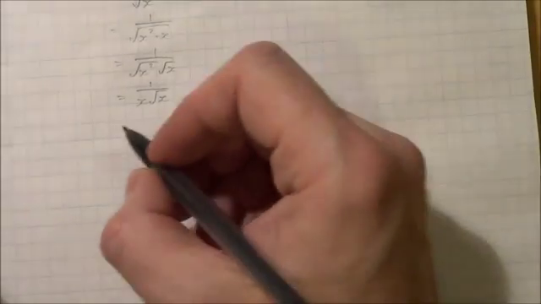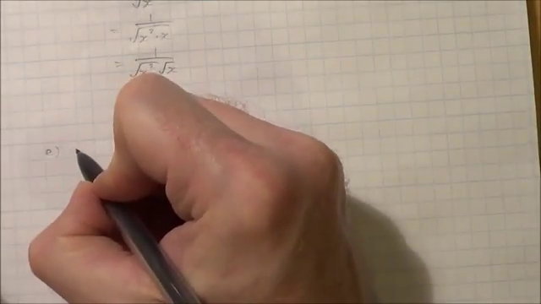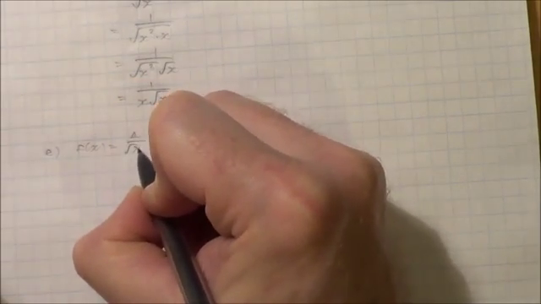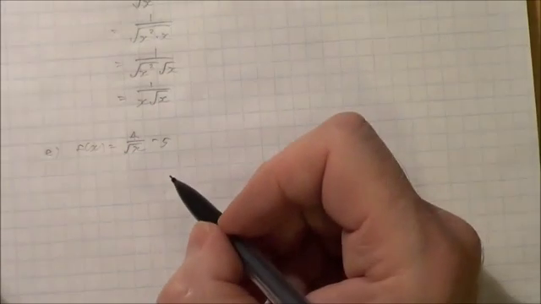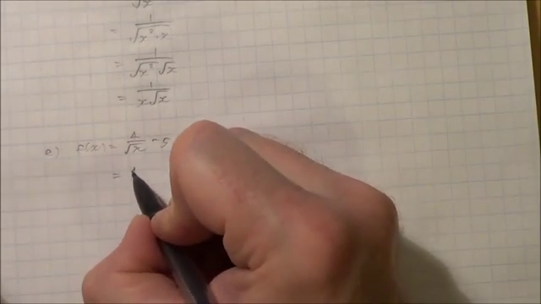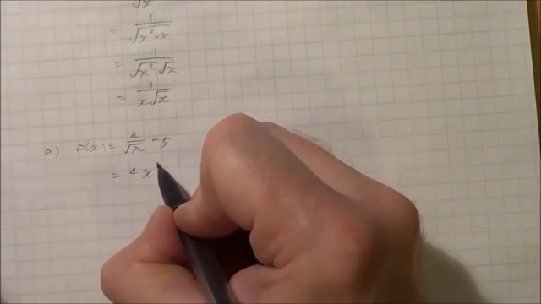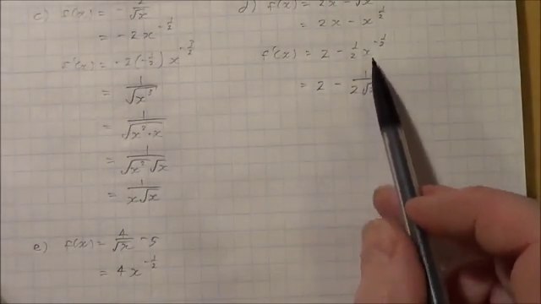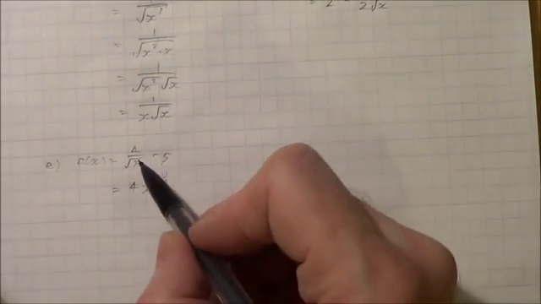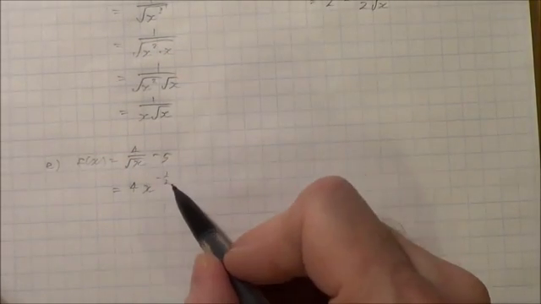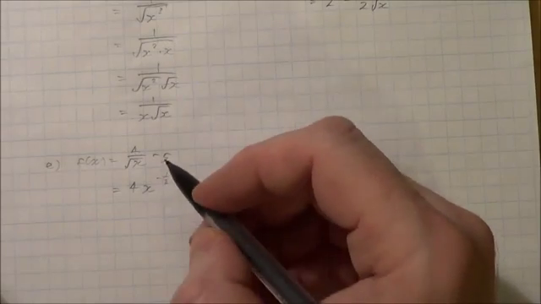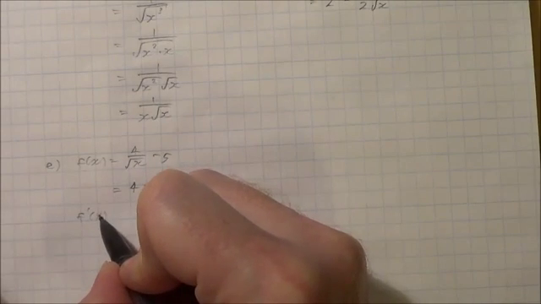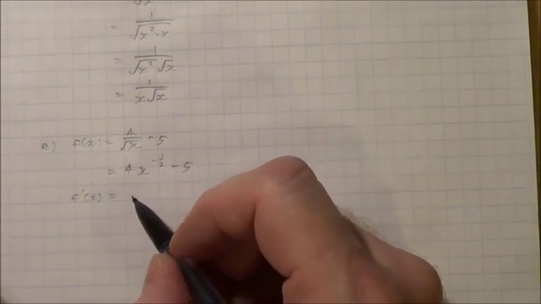Now I'll move along to part E. F of x is 4 over root x minus 5, which gives me 4 multiplied by x to the negative 1/2, kind of the opposite of what we just did up here in part D. And then I still have this minus 5 here, and then I will find the gradient function by differentiating.